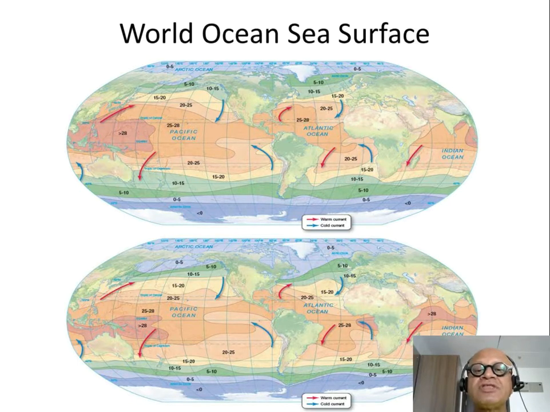Okay, so you can see if you focus on the equator, you have much colder temperatures in the eastern equatorial tropical ocean around Galapagos, for example, compared to the western parts around New Guinea, northern Australia, Indonesia, Philippines, and so on. Okay, so the winds are not only pushing the water westward, the waters are getting heated along the way, and they're getting piled up on the west, so water is getting warmer as it's traveling west.